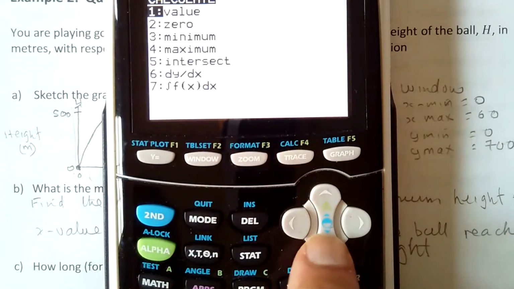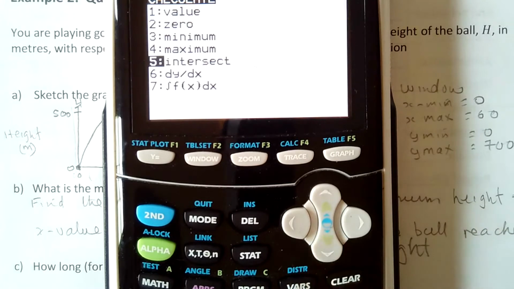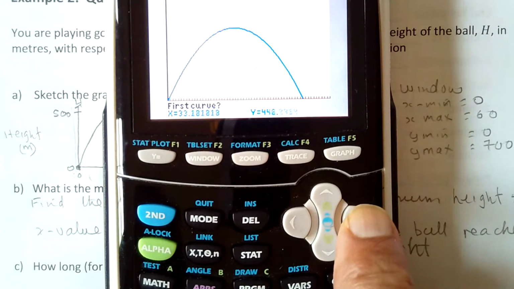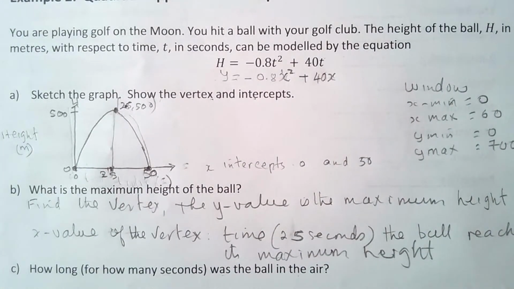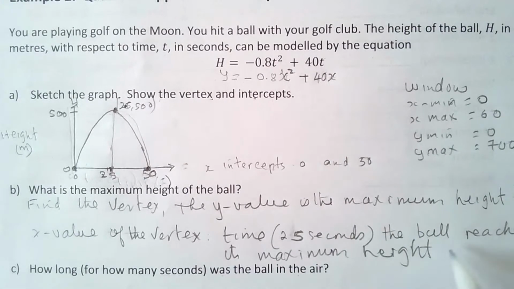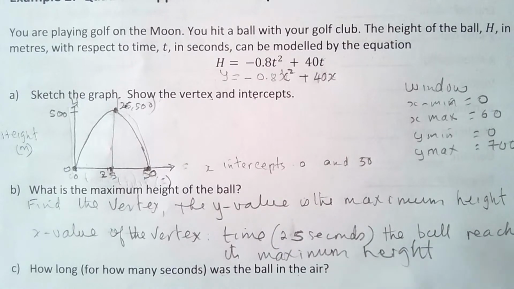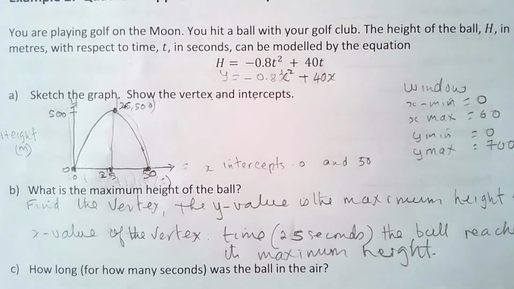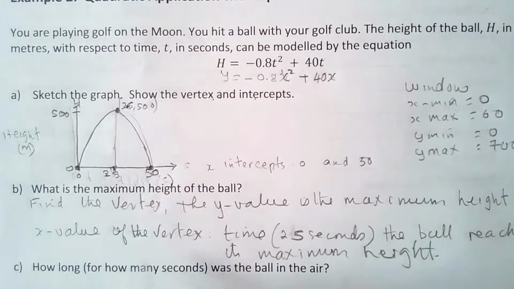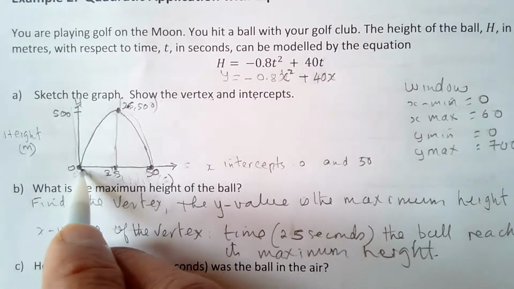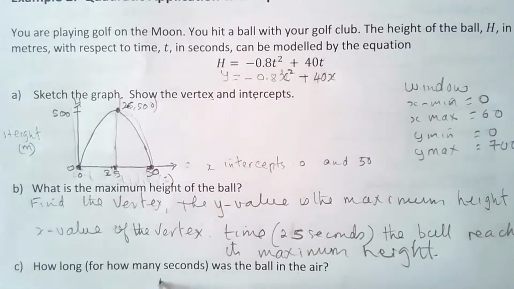Let me get it back to a graph and see. Yes, that was 50 seconds. Okay, right. So at 25 seconds, the ball reaches its maximum height. For how long was the ball in the air? So the ball was in the air for 50 seconds, because the time from when it's hit is 0. It'd be 50 seconds.